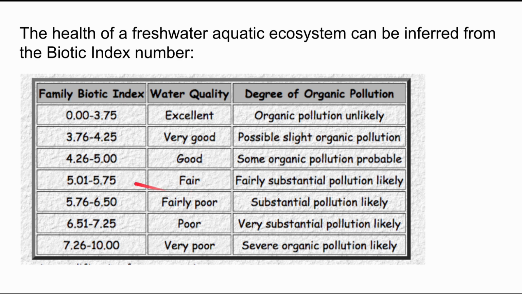So I think what I had before was in this range here. So that stream was fair. That means there's definitely some pollution likely to be in that stream. Otherwise, we would have found more of these lower tolerance species. But it's not like super poor like here. Okay, so that's basically how we're going to use it. Thanks for listening. That's indicator species and how we use them.